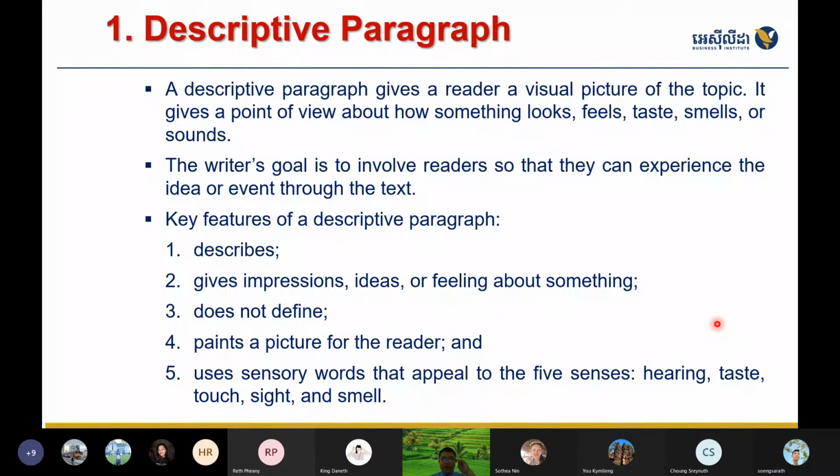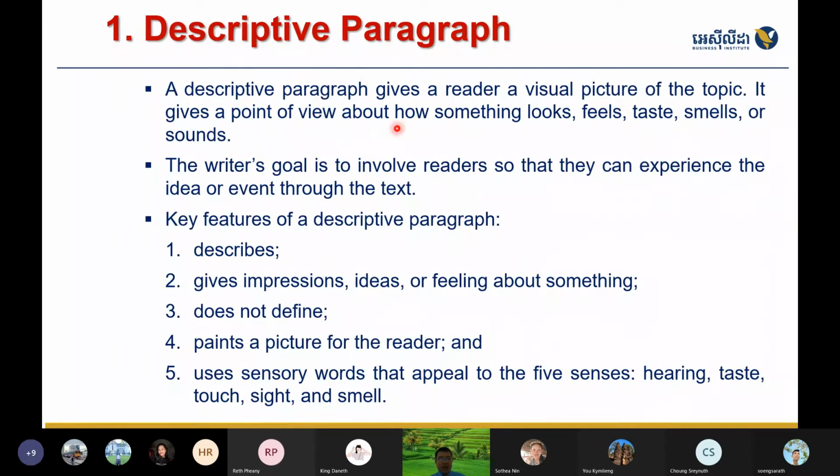Okay, thank you, Sarat. Everybody, you have to remember the definition of a descriptive paragraph. If I ask you what a descriptive paragraph is, you have to refer to giving the reader a visual picture of the topic, and it also gives a point of view about how something looks, smells, tastes, feels, and sounds. This is the definition.